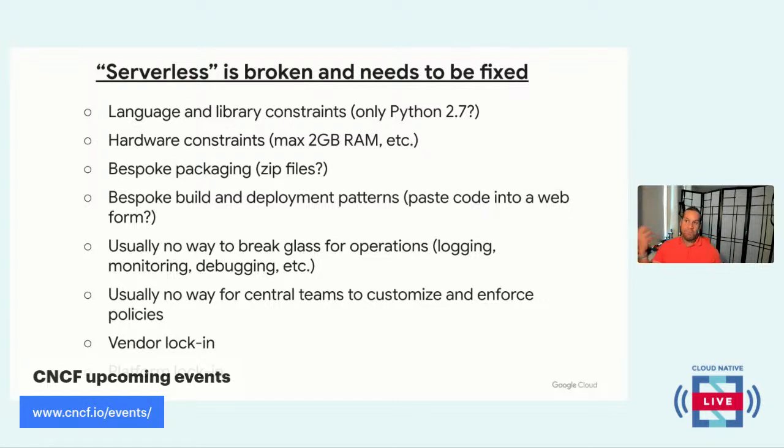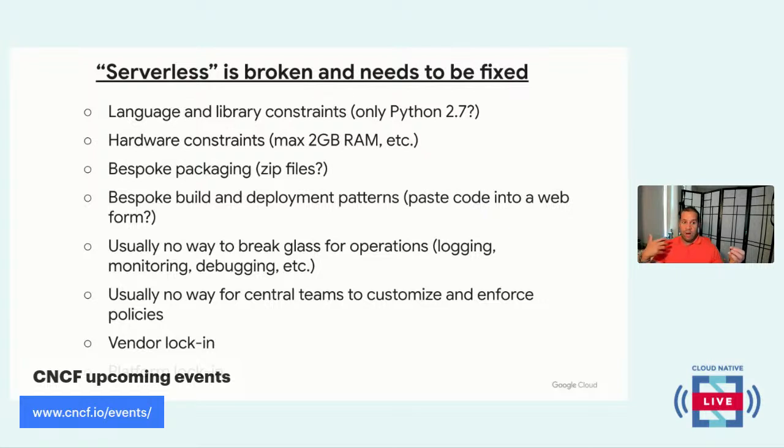Hardware constraints. What if there's a limit on the amount of memory you can use? Even though the servers themselves are running several CPUs and GPUs and memory, for some reason the individual workloads have serious hardware constraints. Then there's bespoke packaging, zip files, whatever the opinion is, to run on their runtime, and build and deploy patterns.